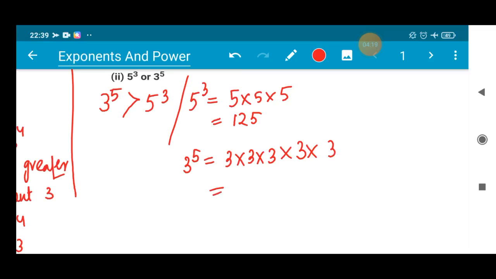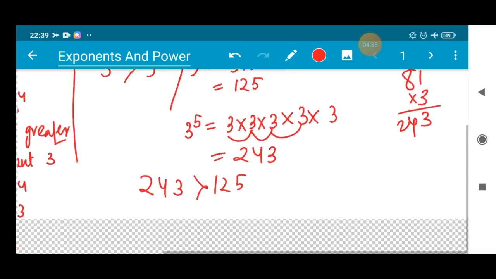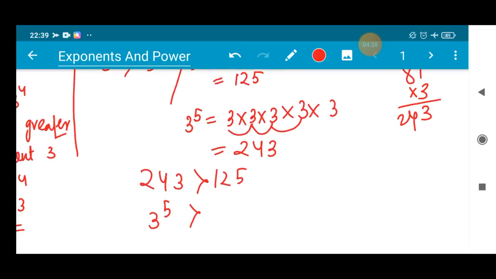Now 3 3s are 9, 9 3s are 27, 27 3s are 81, and 81 3s is 243. Now you can easily compare. 243 is greater than 125. So you can write here 3 to the power 5 is greater than 5 to the power 3, right?